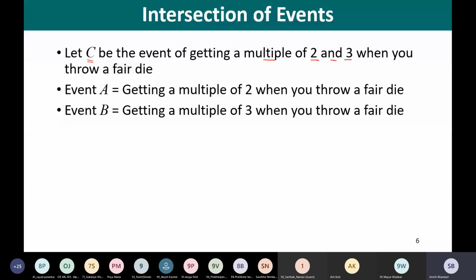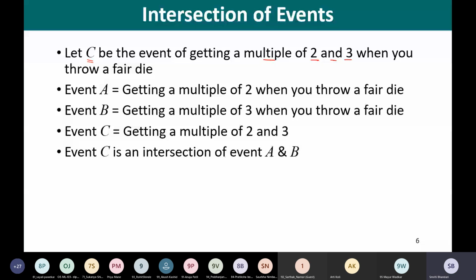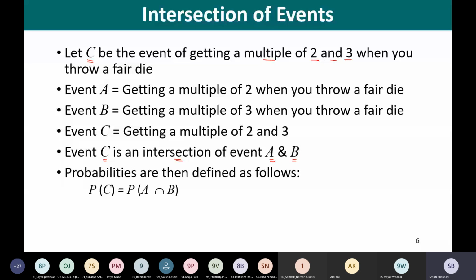C is the event of getting a multiple of 2 and 3 when we throw a fair die. Here, event C is an intersection of events A and B.